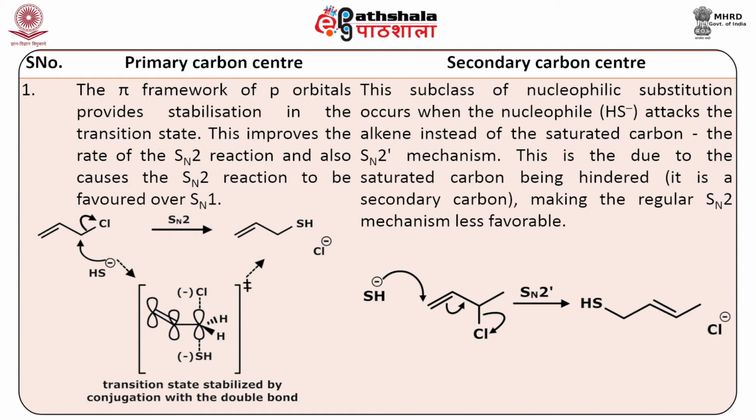The pi framework of the p orbital provides stabilization in the transition state. This improves the rate of the SN2 reaction and also causes the SN2 reaction to be favored over SN1. On the other hand, for the secondary carbon center, this subclass of nucleophilic substitution occurs when the nucleophile, HS- let us say, attacks the alkene instead of the saturated carbon, that is, the SN2' mechanism takes place.